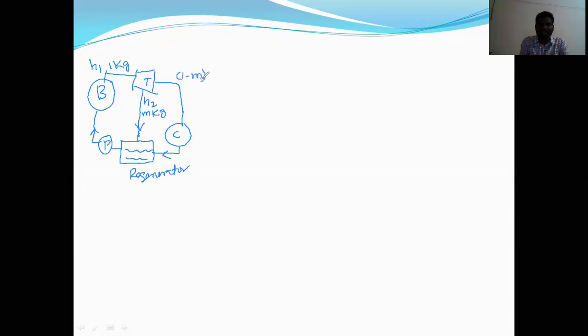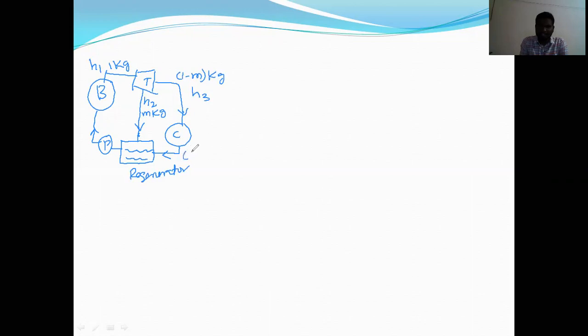And 1 minus m kg of steam will take the expansion up to H3. After the expansion from H1 to H3, the 1 minus m kg steam will convert into 1 minus m kg water.